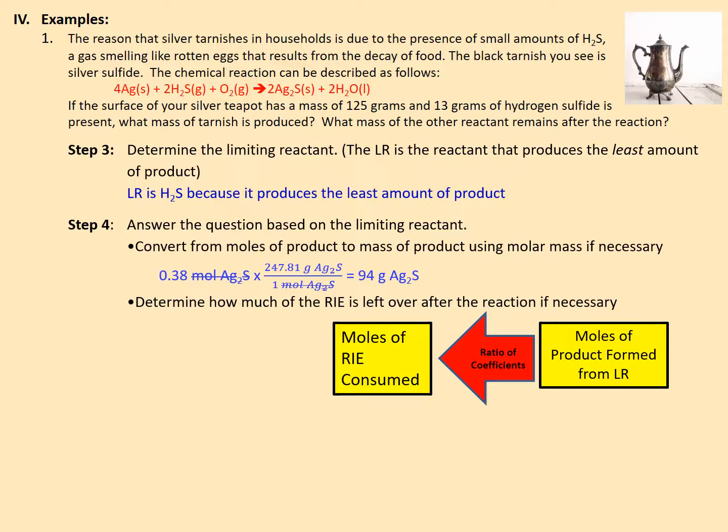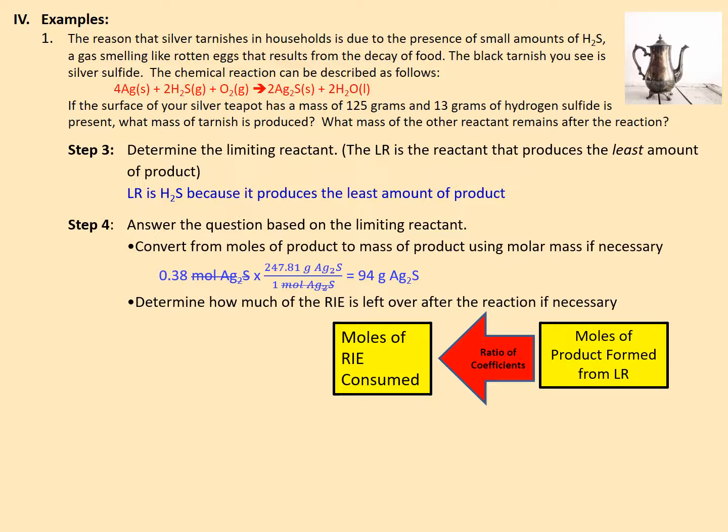In other words, since the silver is the reactant in excess, there will be some silver left over, but using the ratio of coefficients, we need to know how much silver was not left over but was actually used up to produce the 0.38 moles of silver sulfide.